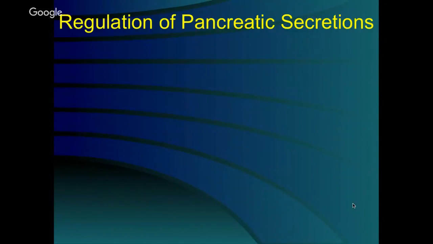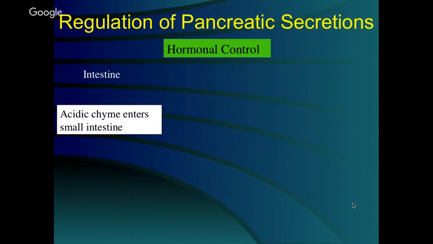So how do we control the pancreatic secretions? Well, again, you're going to see hormonal pathways and neural pathways. In the hormonal control, in the intestine, that acidic chyme is going to enter. And remember, that was the trigger for the intestinal phase of gastric secretion, but it's also important to trigger stuff that's happening within the intestines.